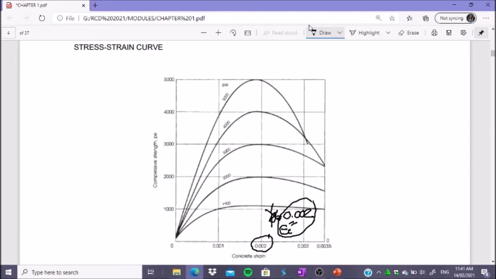And by the way, for solving phi, kailangan natin yan. Okay, so ito ngayon yung strain compressive strength curve.